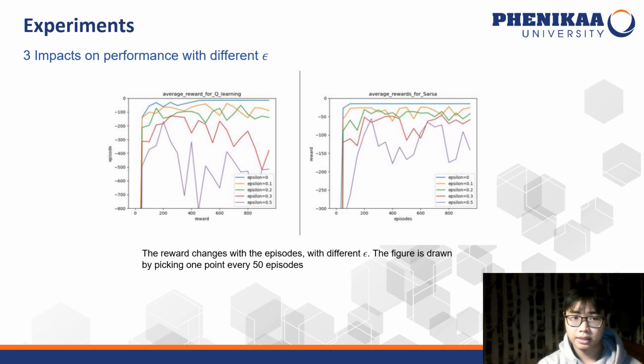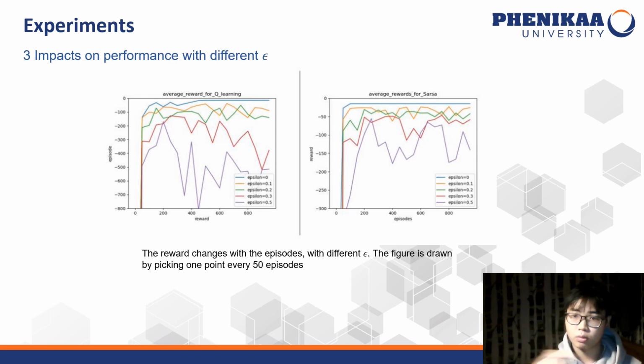As you can see, the reward decreases when the epsilon increases. This is explainable: if the epsilon increases, the possibility of moving in the direction of the cliff increases.